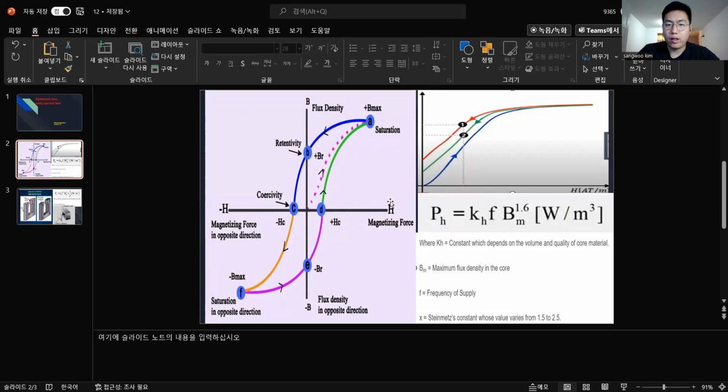Here is a magnetic force, the external magnetic force, which I will call H, and B is the flux density. This purple line started, and when it comes back, it has to be this blue line. Just try to understand this. This point we call retentivity. I'll explain more about it. Let's move on.